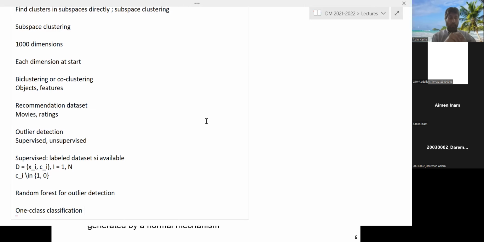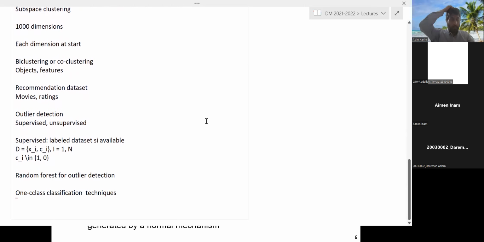Okay, so there are some techniques that are tailored in this way, and they are very appropriate for outlier detection, one class classification techniques. Okay, so these are quite appropriate for outlier detection as well, in addition to standard classification techniques like random forest or SVM or neural network.